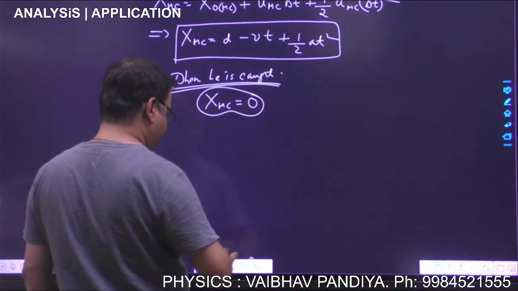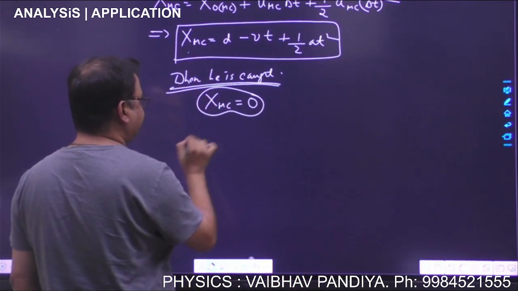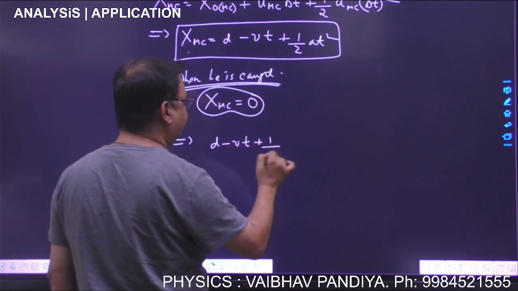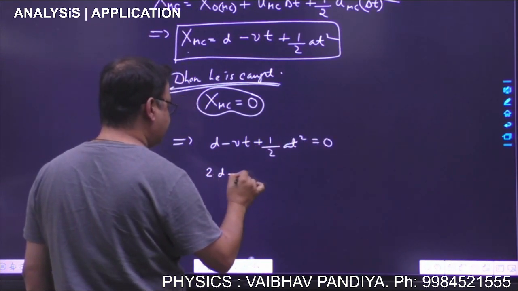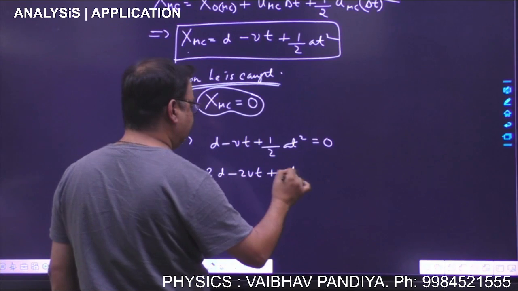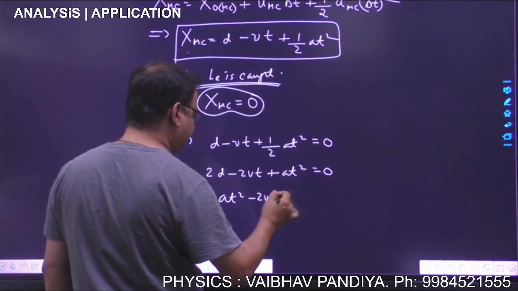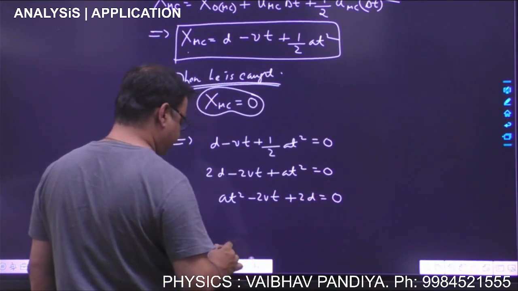So if you are finding the time for being caught, put this as 0. So you'll get d minus vt plus half a t square equals 0. So you'll get 2d minus 2vt plus a t square equals 0. So you'll get a t square minus 2vt plus 2d equal to 0, written in the standard quadratic form.